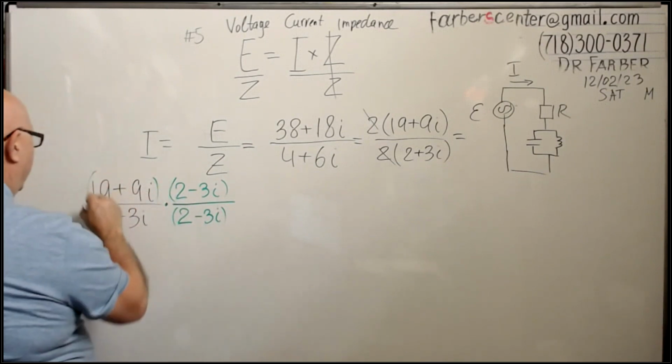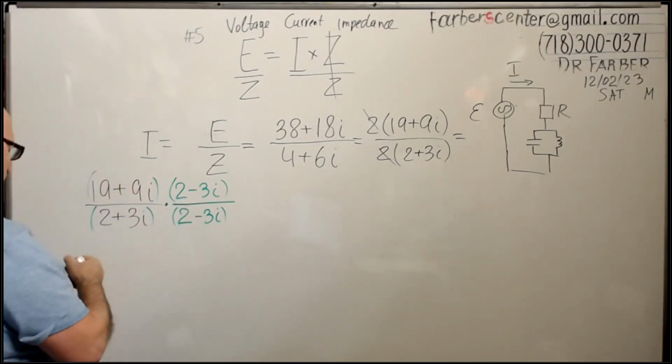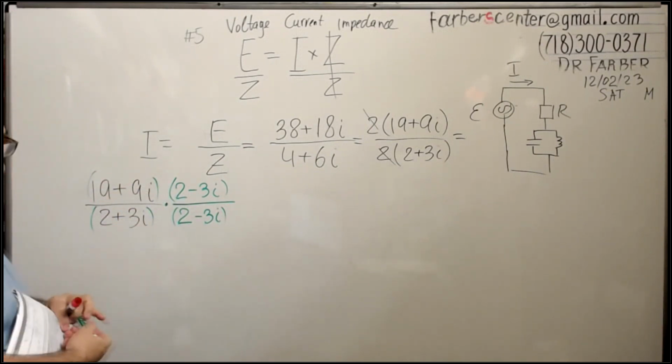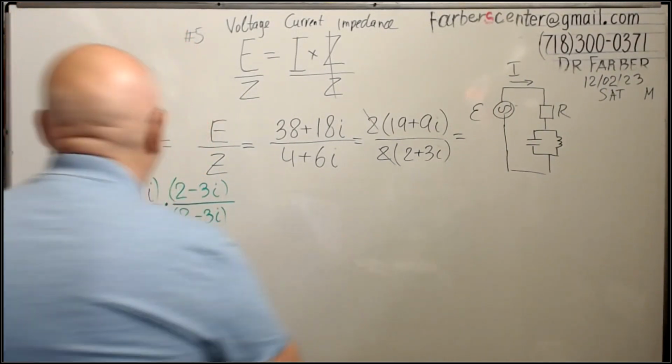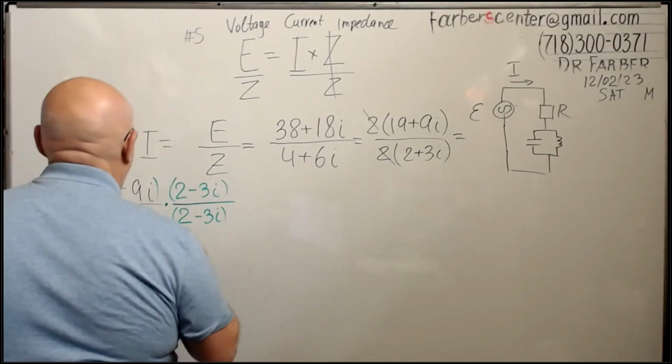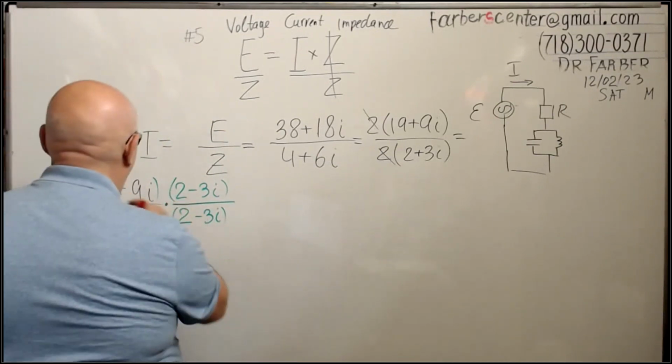I put this in parentheses. Now it's just the product of two binomials, keeping my properties of complex numbers. Multiply 19 by everything.